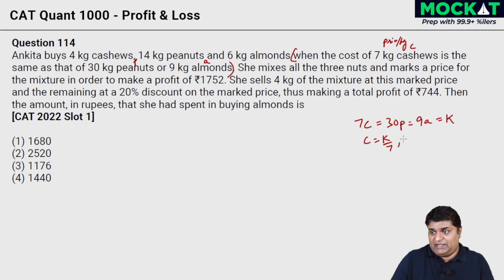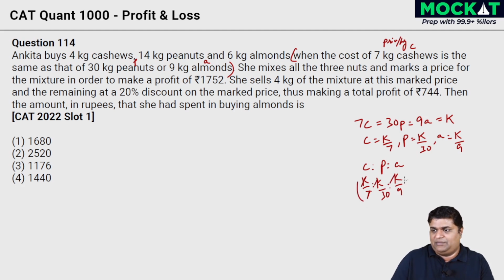If 30P is K, P is going to be K by 30, and A is going to be K by 9, right? So C is to P is to A is nothing but K by 7 is to K by 30 is to K by 9.